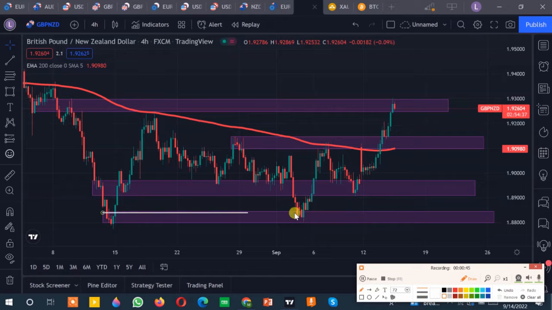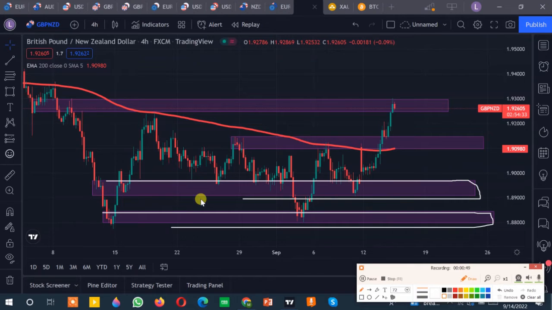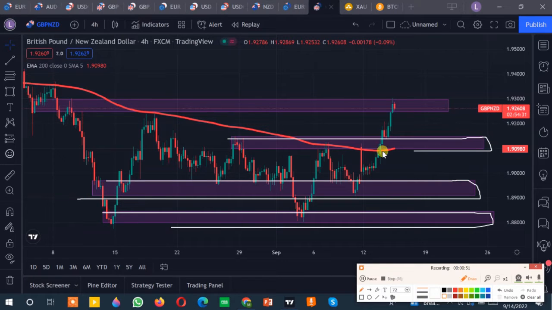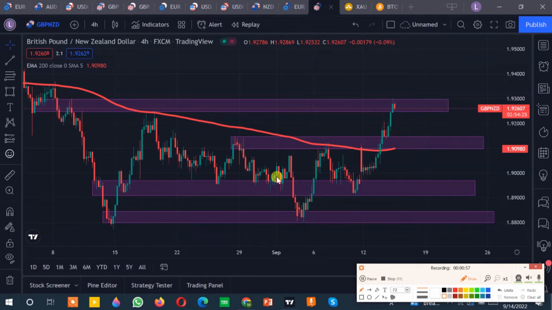Now I can think this is one support area, that is another support area, it's another support area, and at this moment it is a resistance level. From here we can make one, two, three.